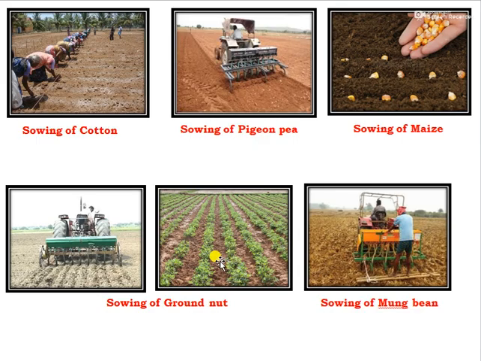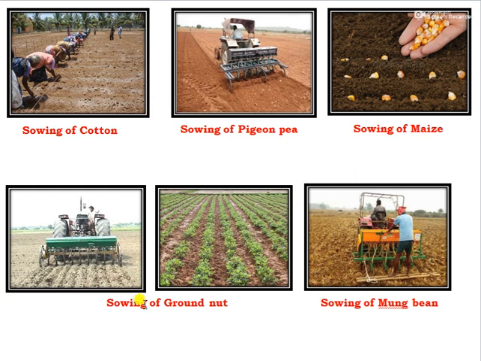You can see here the sowing of cotton, especially by the dibbling method on ridges and furrows, and the sowing of pigeon pea by drilling with a seed cum fertilizer drill, tractor mounted or tractor operated. The sowing of maize is the same as in the case of cotton, that is the dibbling method, sometimes a popular method, as well as drilling and sowing seeds behind the plow.